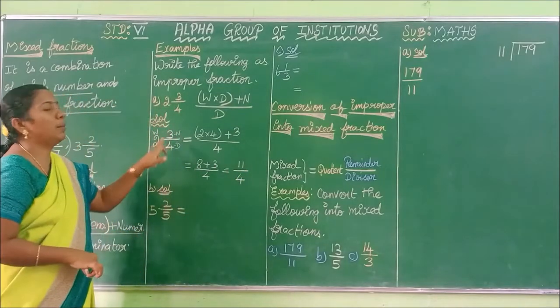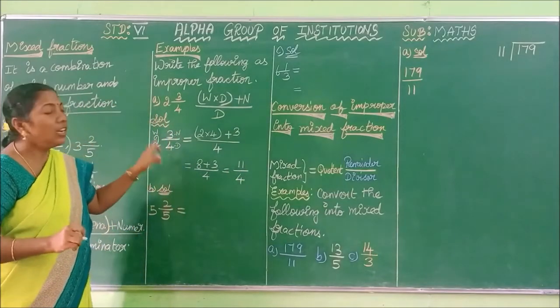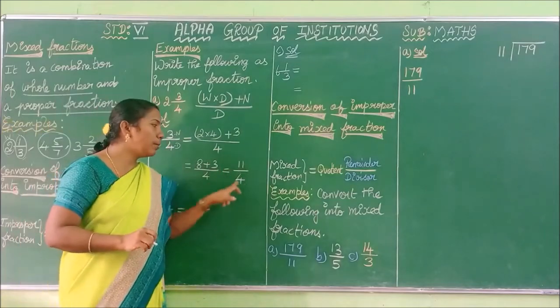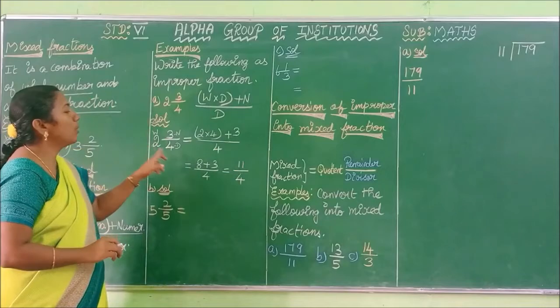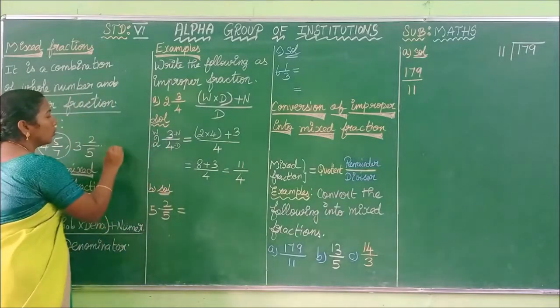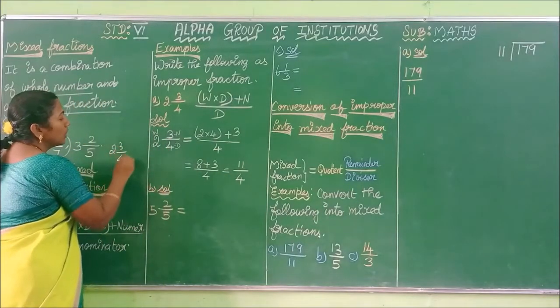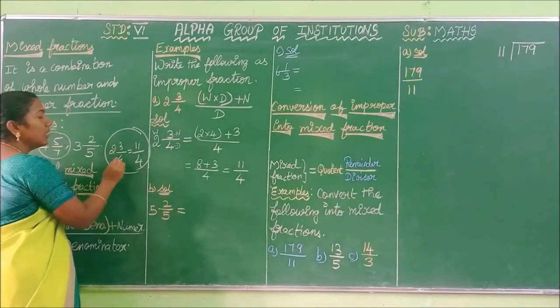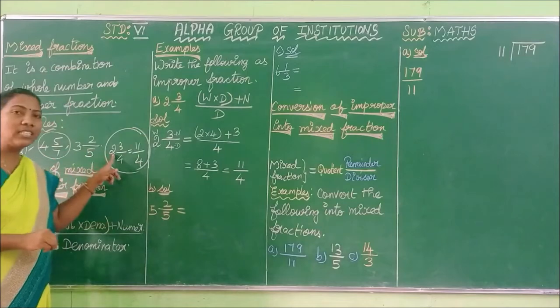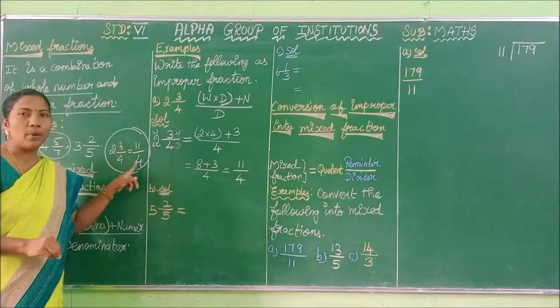So 2 3 by 4 is a mixed fraction. Now it is converted into improper fraction as 11 by 4. So what is the improper fraction of 2 3 by 4? 2 3 by 4 is equal to 11 by 4. Thus we have converted the given mixed fraction into improper fraction.